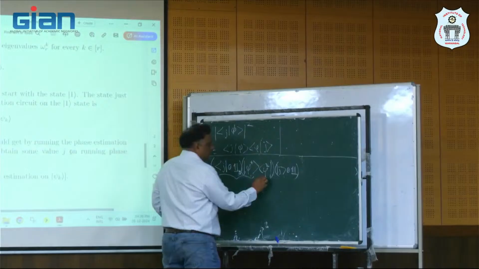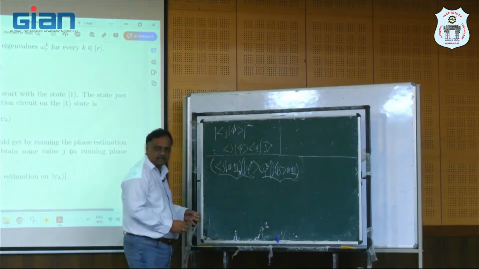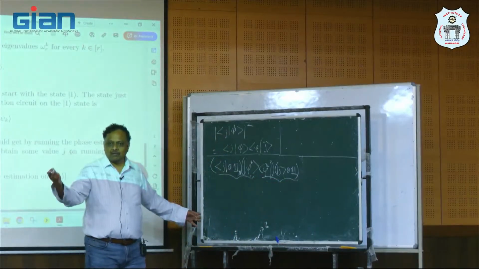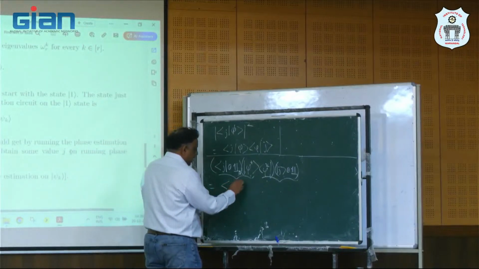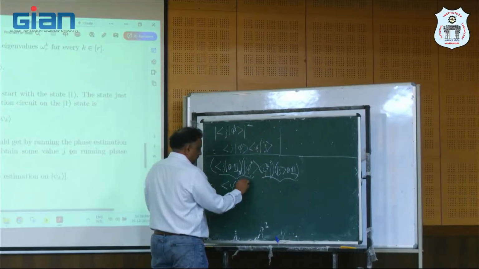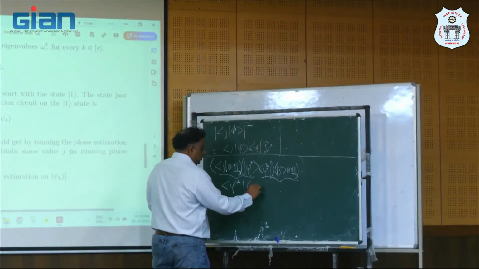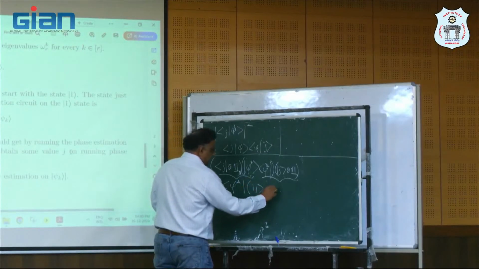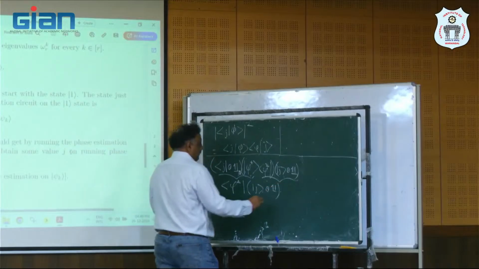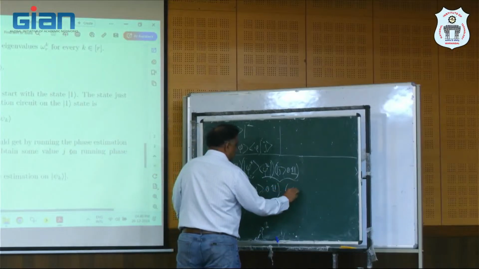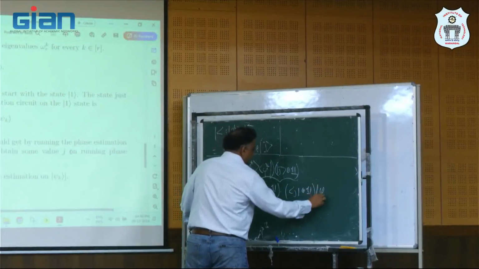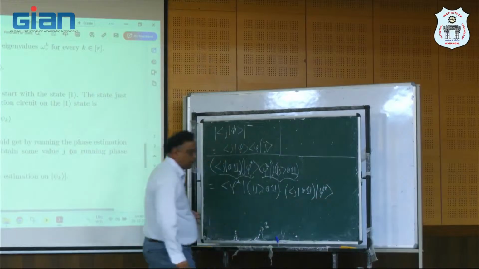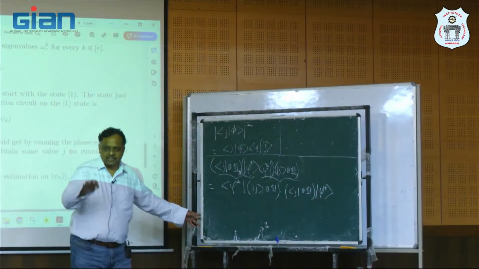This thing is also a scalar, correct? Scalars float freely. So let's rewrite in this order. Phi star J tensor identity, then J tensor identity phi star. Okay? Let's do it this way.